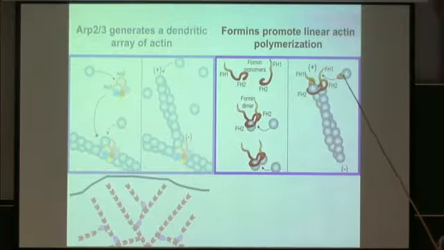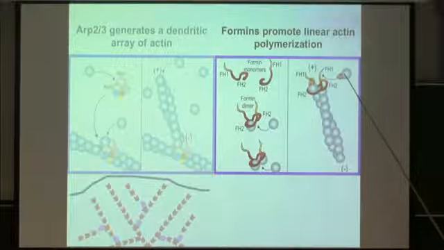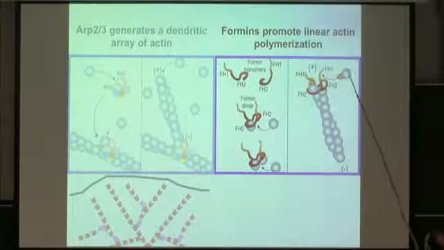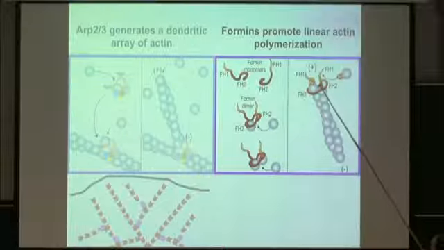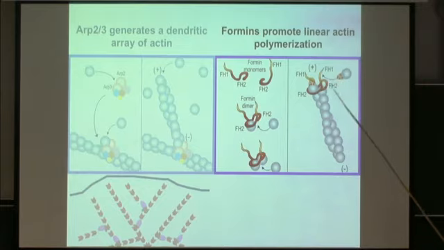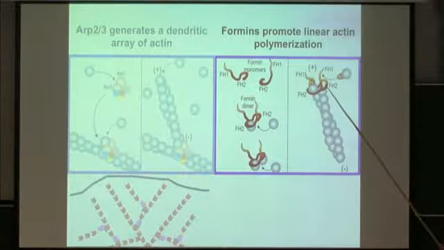And if these actin monomers are associated with a protein called profilin, which is a major protein that's sequestering actin, profilin has affinity to another domain of formin called formin homology domain 1, and therefore the concentration of actin in the proximity of the growing end of the filament becomes high.